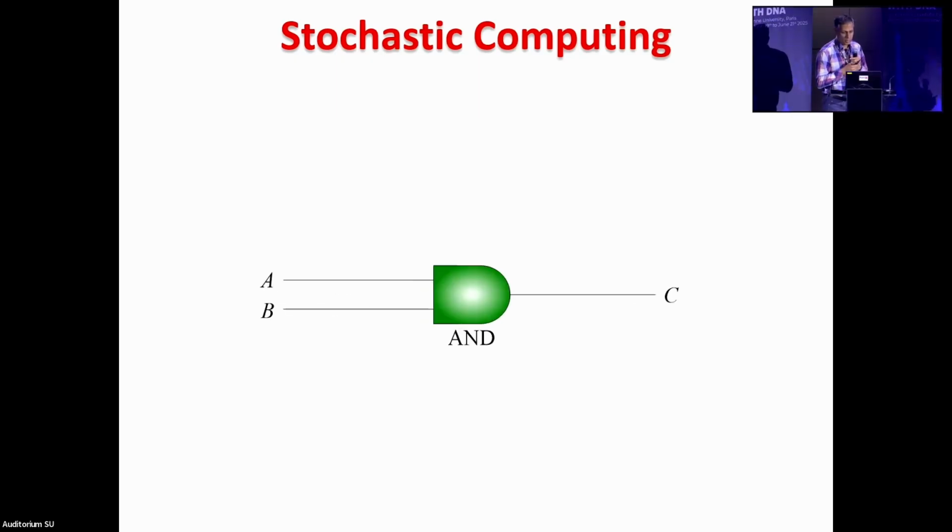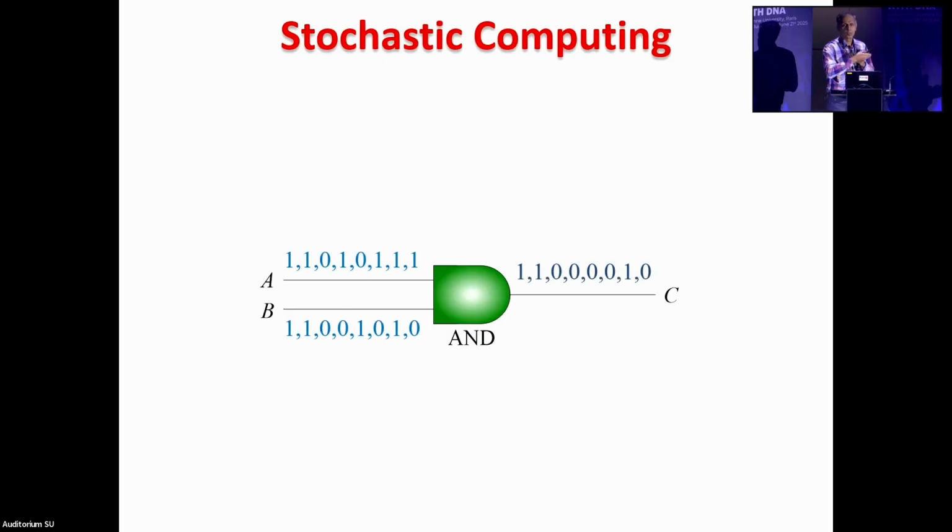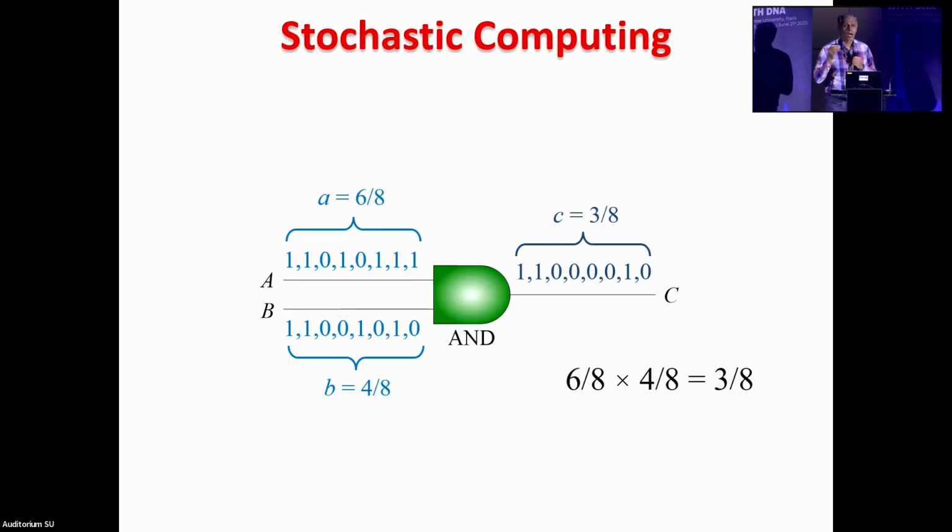So based on that, we can actually perform multiplication in this method by a simple AND gate. If we represent our numbers by random bit streams and we feed them to the inputs of the AND gate, the output will be the multiplication of these two because the inputs are random. I should mention that we assume that bitstreams here are independent.